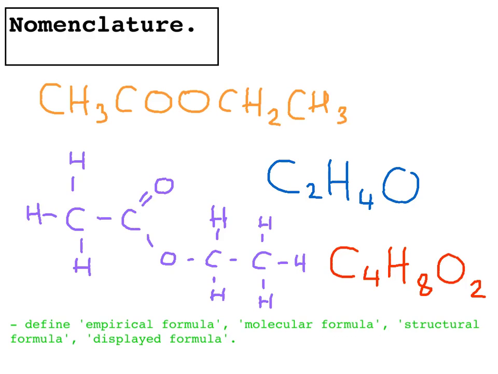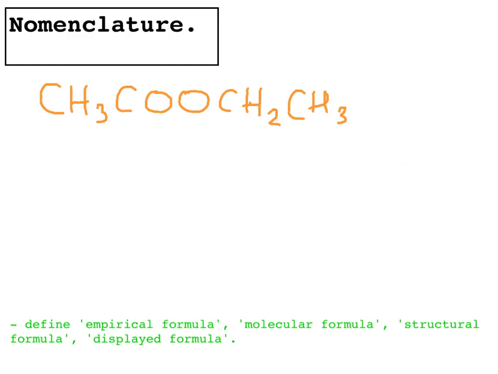Now, the next one we're going to define is the structural formula, which is this top formula up here in orange. And basically what the structural formula shows is the formula of the compound where the bonds aren't shown, but you can clearly see what is attached to each carbon atom. So the bonds aren't shown, but each carbon atom is written separately, so you haven't got C4 anymore, they're written separately.